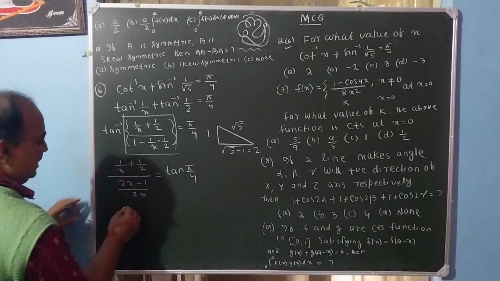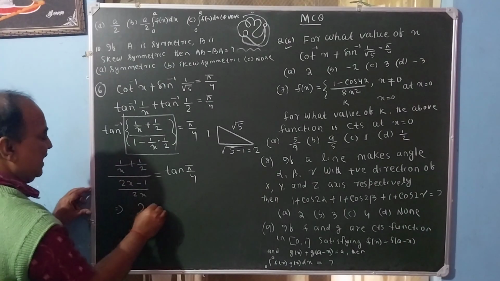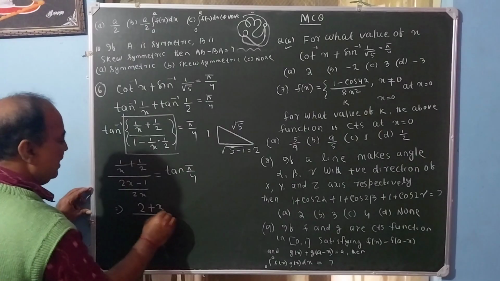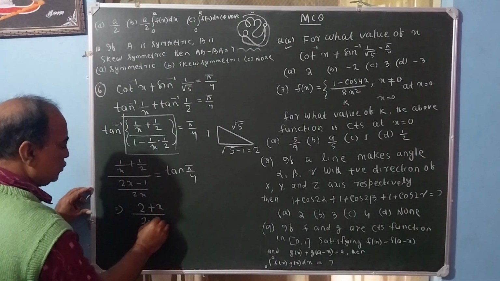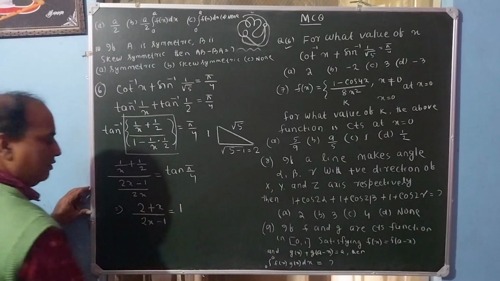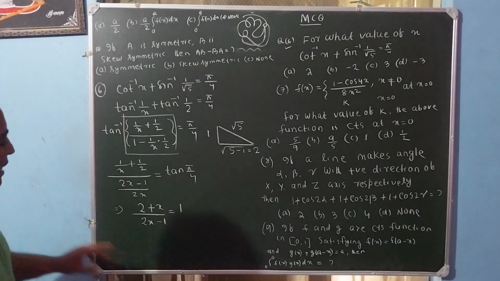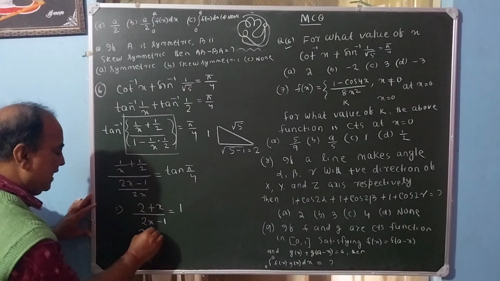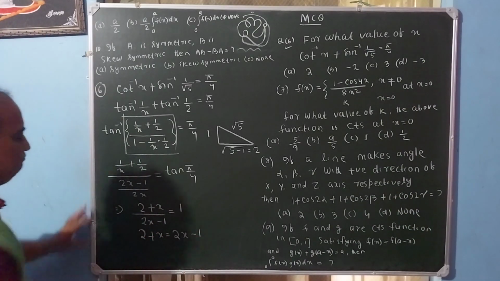So simplify. We get 2 plus x divided by 2x, and the 2x cancels, so 2 plus x over 2x minus 1 is equal to 1. Cross multiplying, 2 plus x is equal to 2x minus 1.